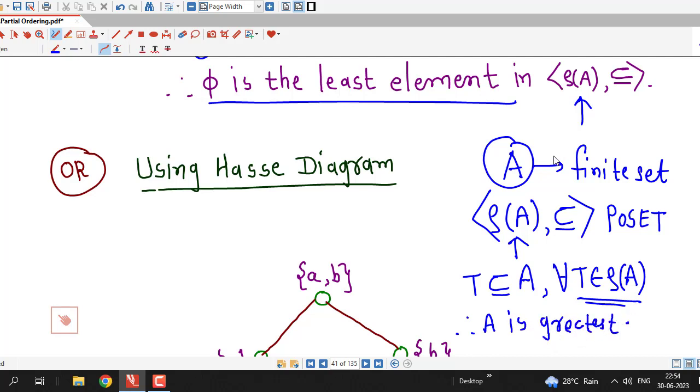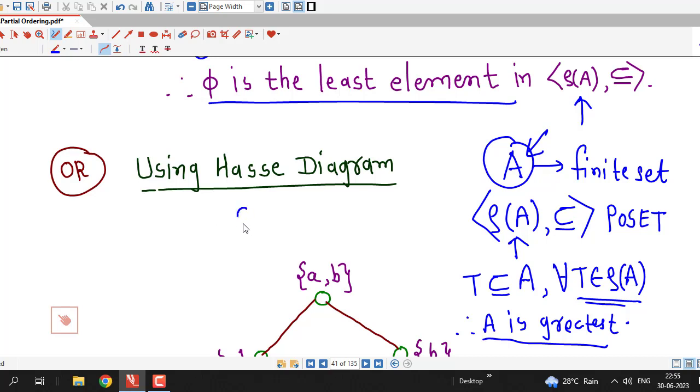No matter which set we are considering, if we have a finite number of elements in set A, then T is a subset of A for all T in the power set of A. Therefore, set A is the greatest element in the power set of A.